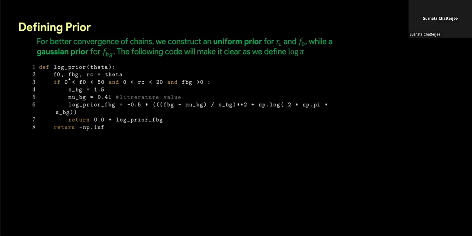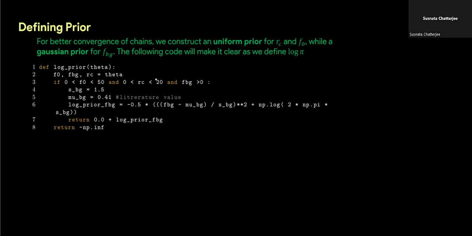So if F naught is between 0 and 50, RC is between 0 and 20, and FBG is greater than 20, note that we obtain these bounds after studying the literature. And we take a log prior of FBG as a Gaussian distribution about the mean FBG and sigma FBG. These values are obtained from an earlier literature value of the cluster. We return it as 0 plus the log of this probability.